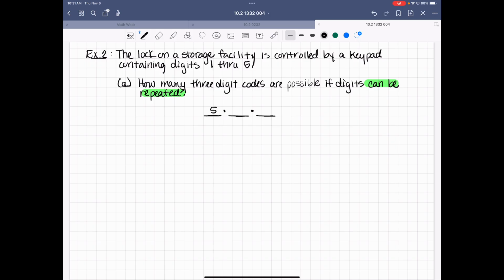Still the same 5. I still can put in a 1, 2, 3, 4, or 5. How about in that third slot? 5. So 5 times 5 times 5 gives me 125. So there are 125 different 3-digit codes that could go into that keypad using the digits 1 to 5.